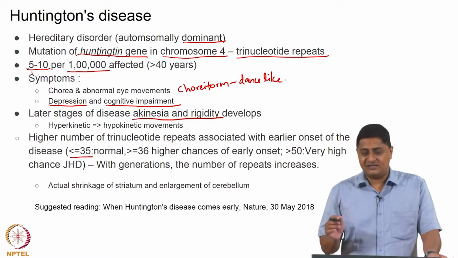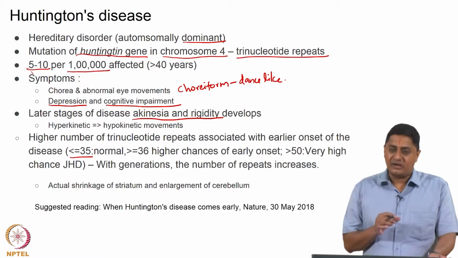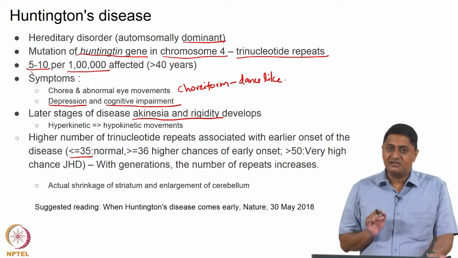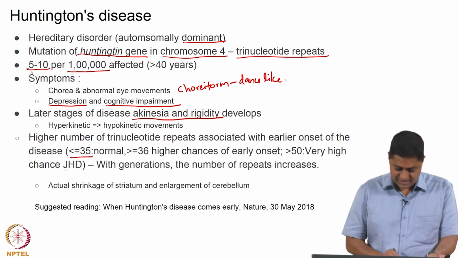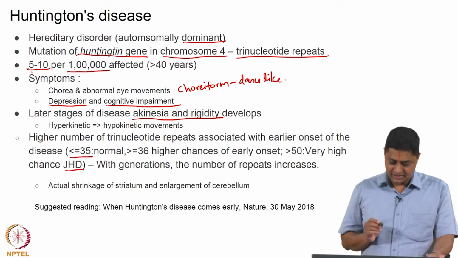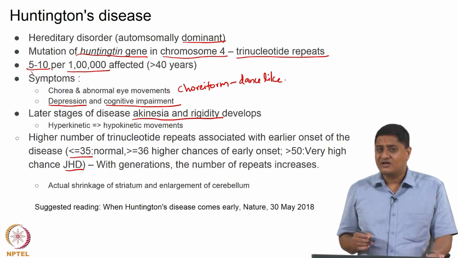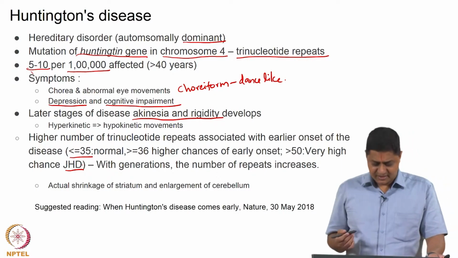Above 50, and this is just a ballpark number, usually signals that the person will develop what is called juvenile Huntington's disease, JHD. In some cases these children develop the disease at around the age of 12, 13. So, very early onset disease.